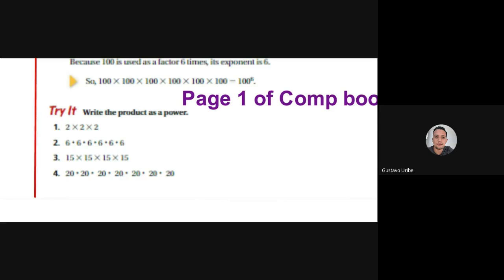So if we want to go over these a little more clearly, I'm going to go ahead and open these up in a separate section so that we can go ahead and work out these problems.